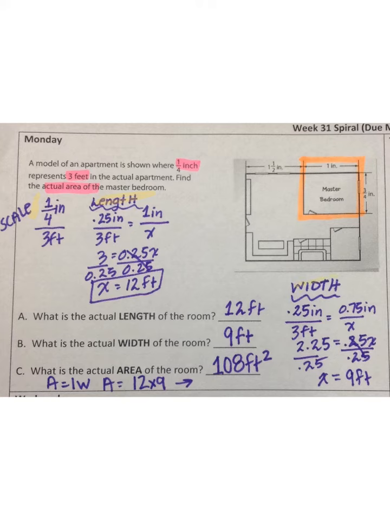Down here to find the width, again I started with the scale of 1/4 inch is 3 feet. So 75/100 inch or 3/4 would be how much in actual? I multiplied and divided, and I got 9 feet. Then over here, area is length times width. So I did 12 times 9 and got 108 square feet.